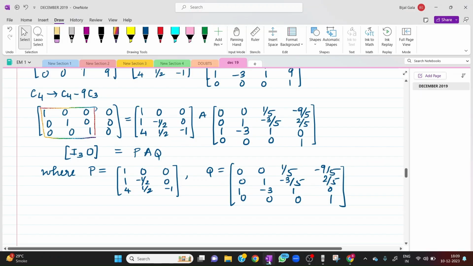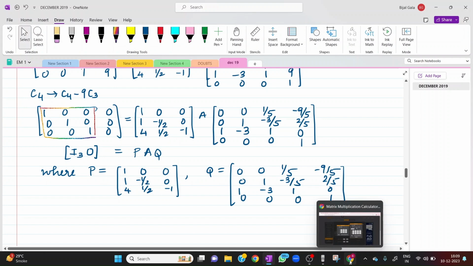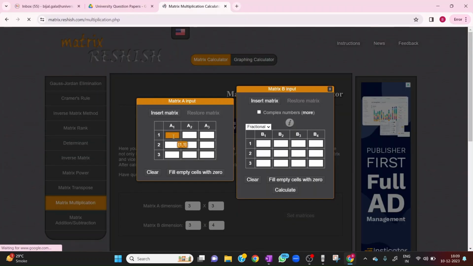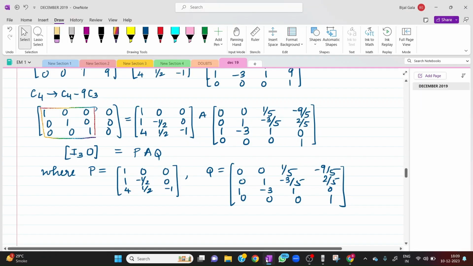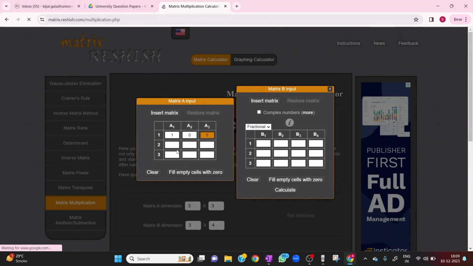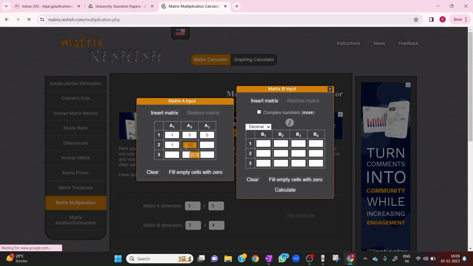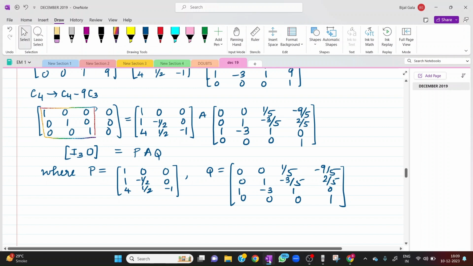Okay, so P is 1, 0, 0. Then you have 1, minus half, 0. Row number 3 will be 4, half and minus 1.